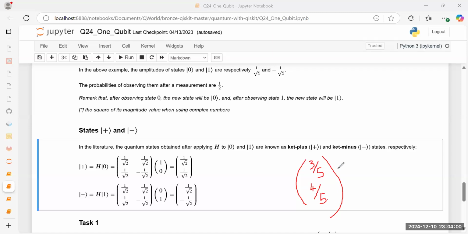If we square the value you see here, we're going to get 9/25, which is the actual probability value. And here, if we square this, we're going to get 16/25. So this is the probability that our coin lands on head, and this is the probability that our coin lands on tail. And if we sum it, we end up with 1.